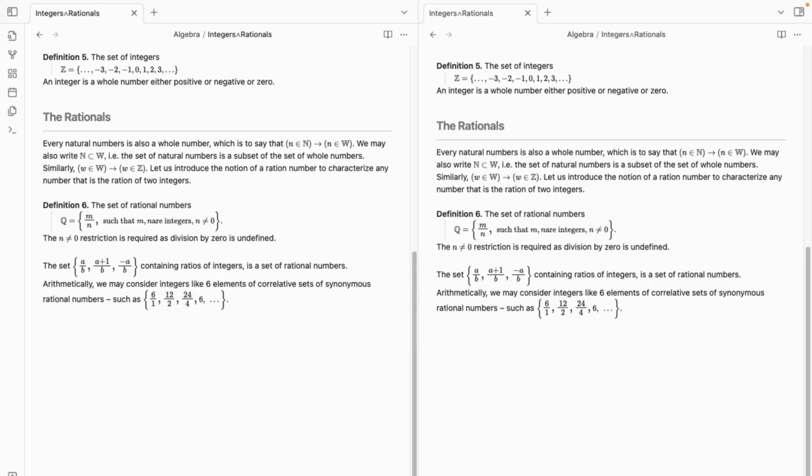And therefore, the integer 6 is also a rational number. And generally, let's note that the set of integers is a subset of the set of rational numbers.